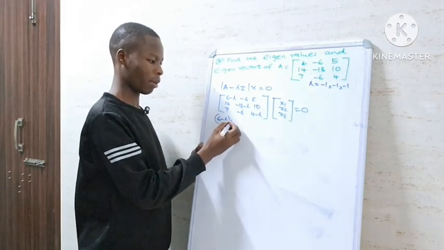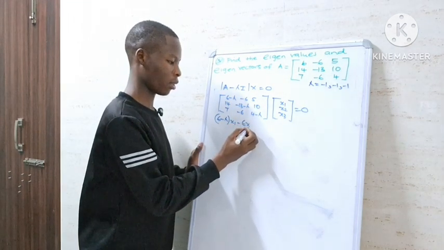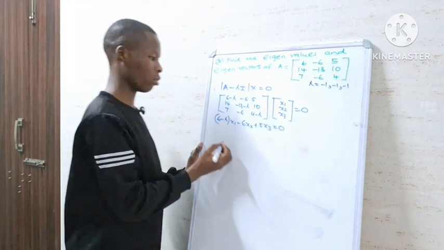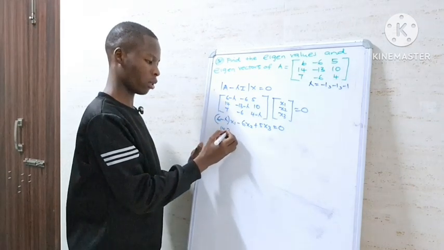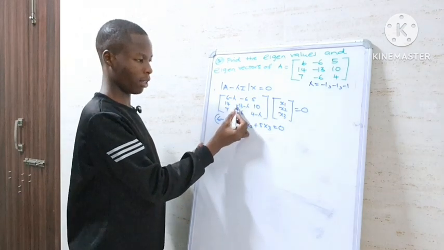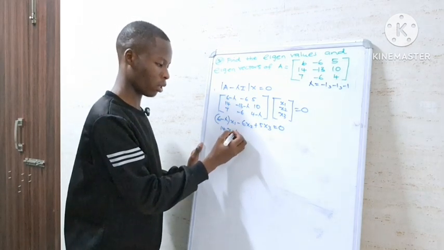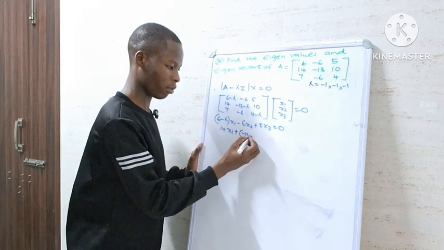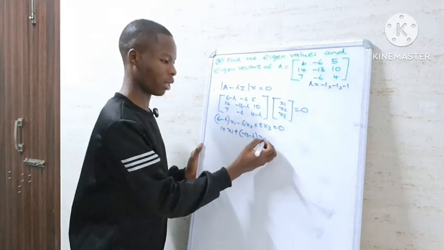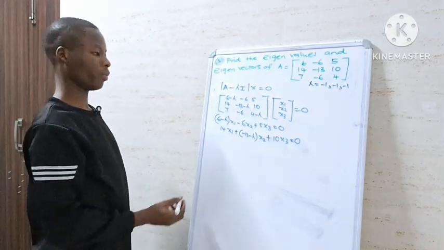So, 6 subtract lambda x1 subtract 6 x2 plus 5 x3 is equal to 0. 14 x1 plus negative 13 subtract lambda into x2 plus 10 x3 is equal to 0.